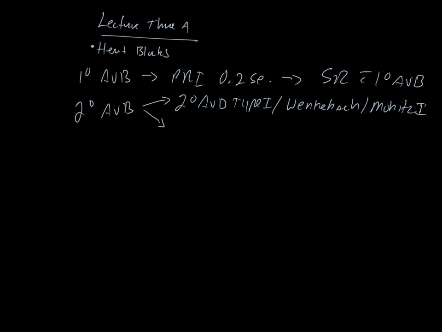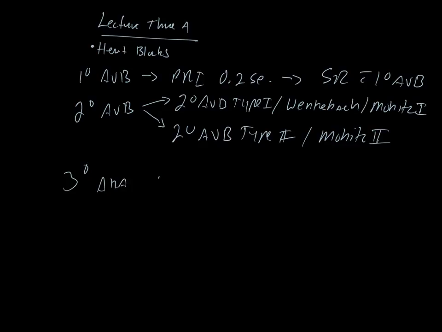All three types of terminology are valid. How about type 2? Type 2 or Mobitz 2. Right, second degree AV block type 2, or a Mobitz 2. You guys okay with that? And then that gives us a third degree. It's also known as a complete heart block. Good. You guys okay there?